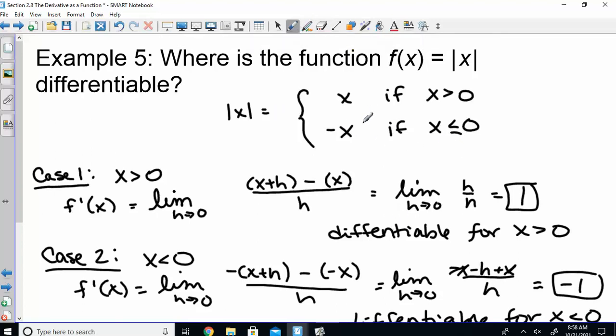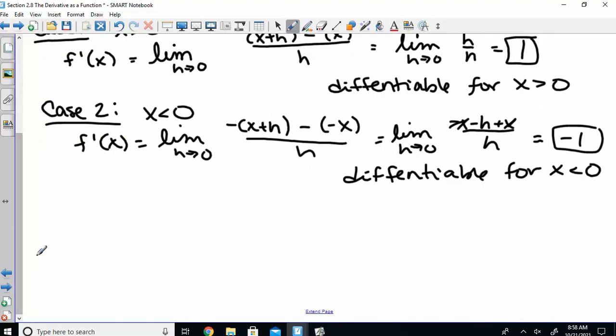If I plug a 0 into this bottom piece, shouldn't it still work? If I put 0 in the top, absolute value of 0 is 0. Positive 0, negative 0, those are the same things. But these limits turned out to be two different things.